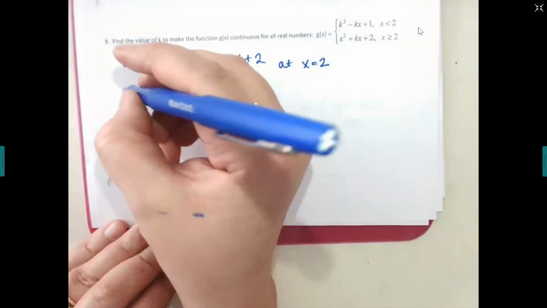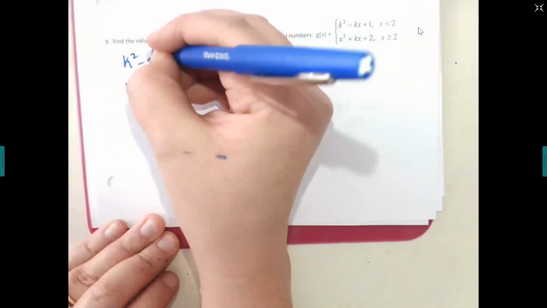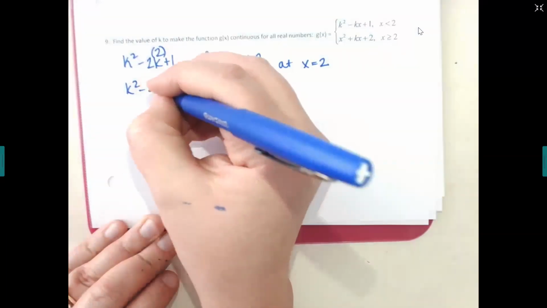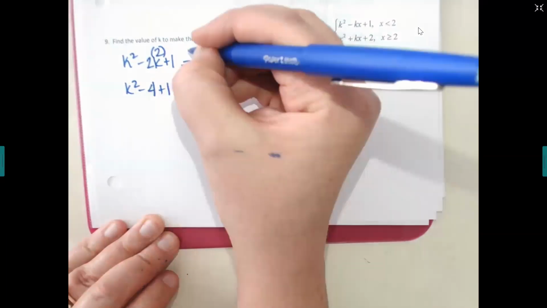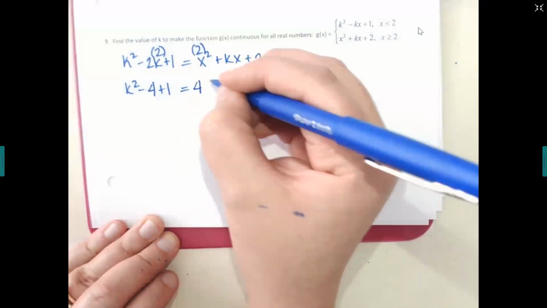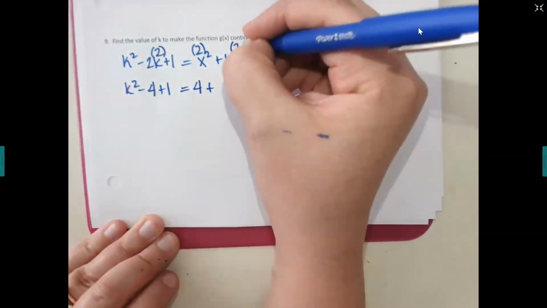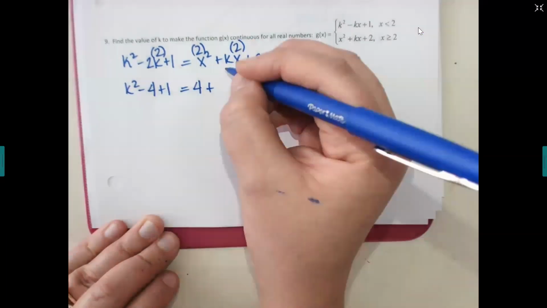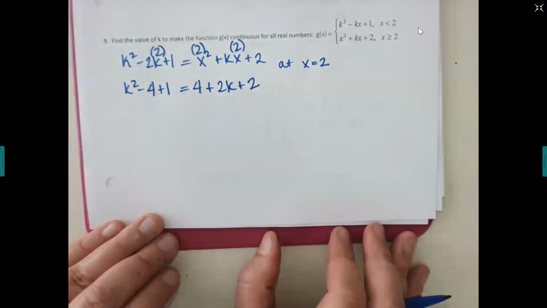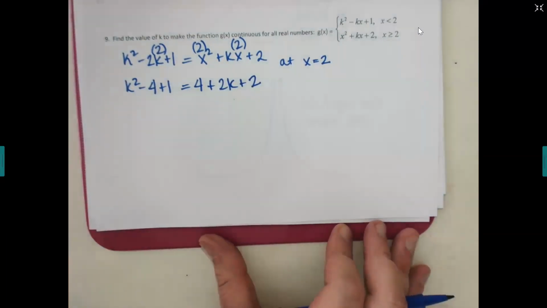So k squared stays the same, but what's 2 times 2 for this term? Minus 4 plus 1. Then on this side, I have another x going to a 2. What's 2 squared? 4 plus x is going to a 2. Now my k times 2 is a 2k plus 2. Everybody good to there? Okay.